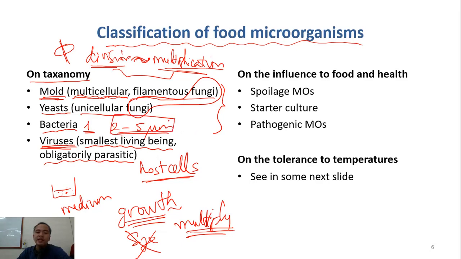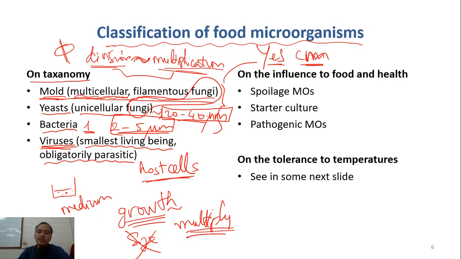No. The size of yeast is somehow like 10 times larger than bacteria. Can we see it with our naked eyes? Yes or no? No. 40 micrometers, still very small. You cannot see. Mold, can you see it with your naked eyes? Yes. If you look at bread with a lot of mold growing, you see it. It can be several centimeters long already.